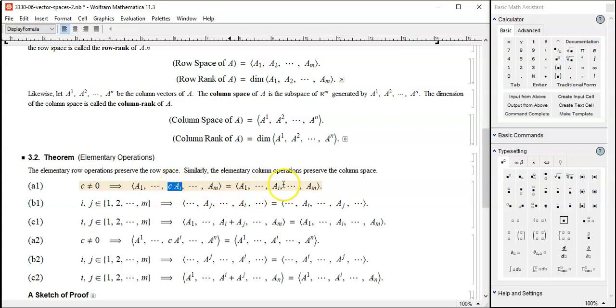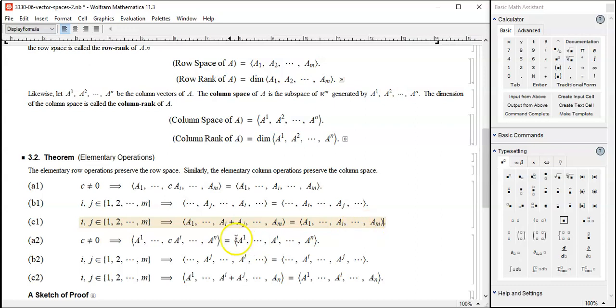This is given by C times that. So every generator can be expressed here, and every generator there can be expressed by a linear combination of the other. Same goes over here. We are switching these two, but if you use linear combination expression, they're just switching the order of addition, so they are the same.